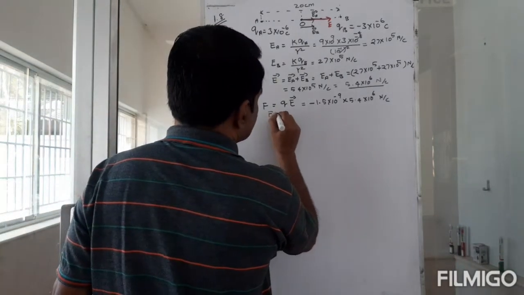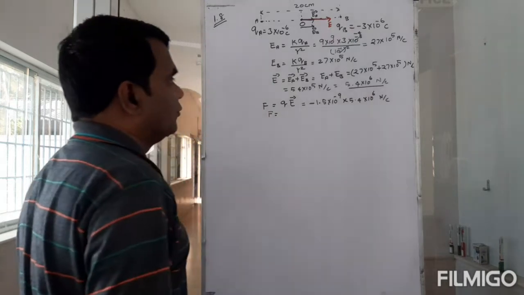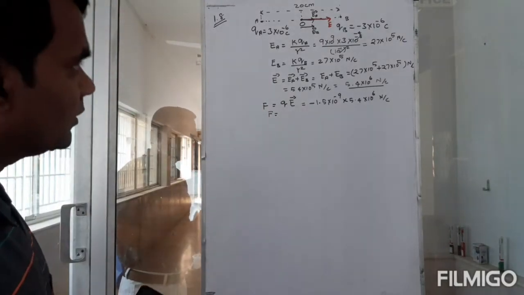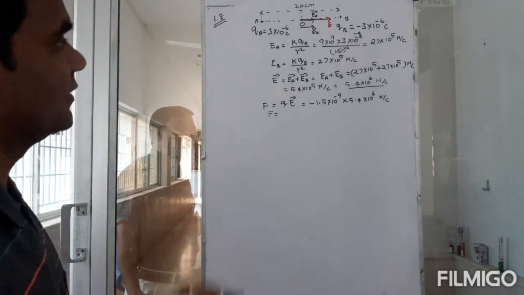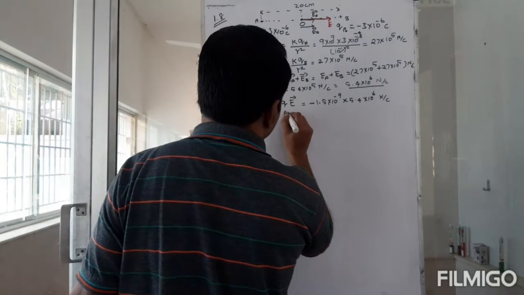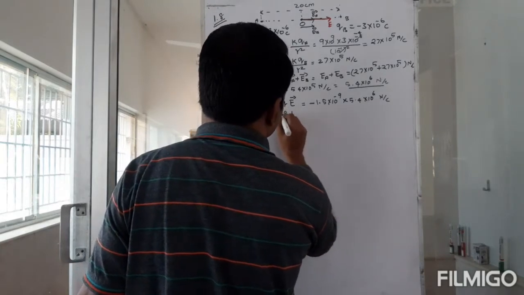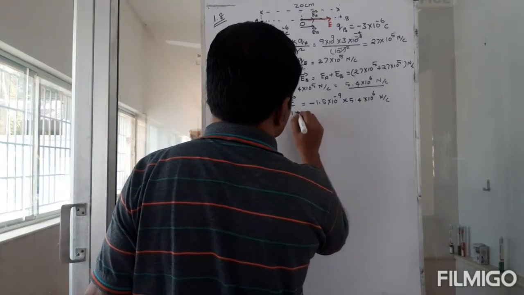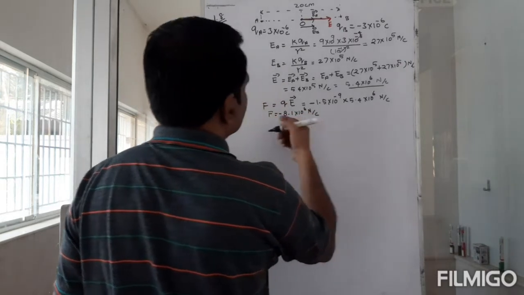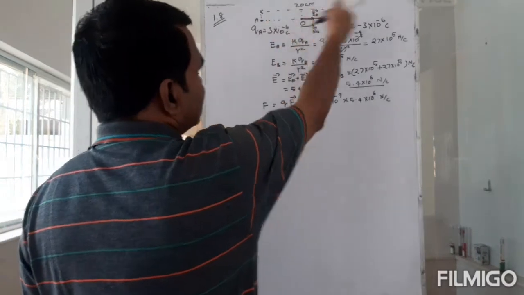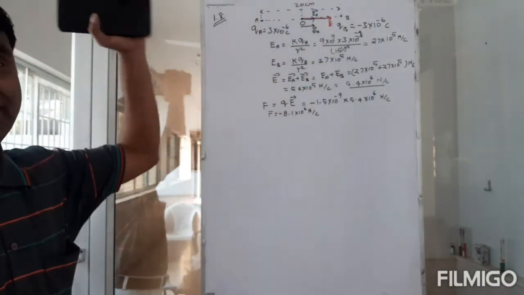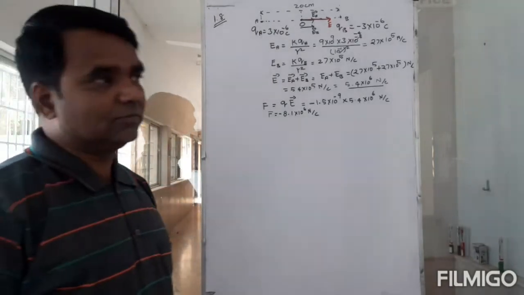So the force is going to be equal to 5.4 into 1.5, that is another 2.7 added, so 8.1, right? So 8.1 into 10 power minus 3 Newton, meaning that this force is acting in the opposite direction, the direction opposite to the direction of E. That's what it is. Okay?